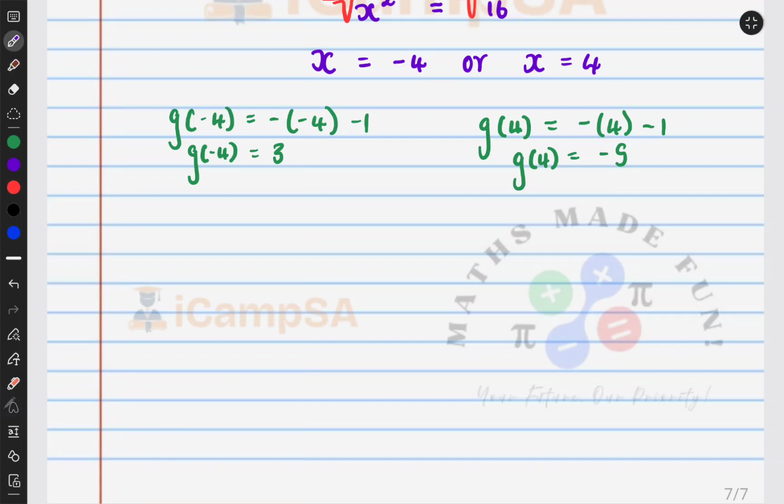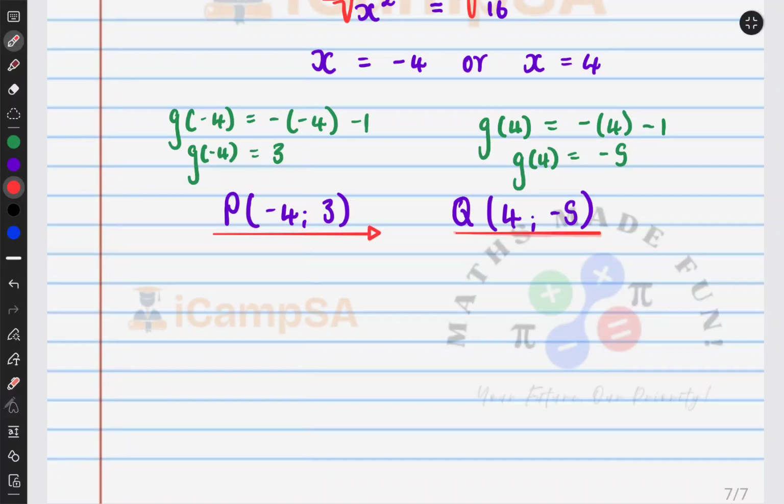So P is negative 4 and 3, and then Q goes with positive 4 and negative 5. And that is how you go about finding the coordinates of P and Q.